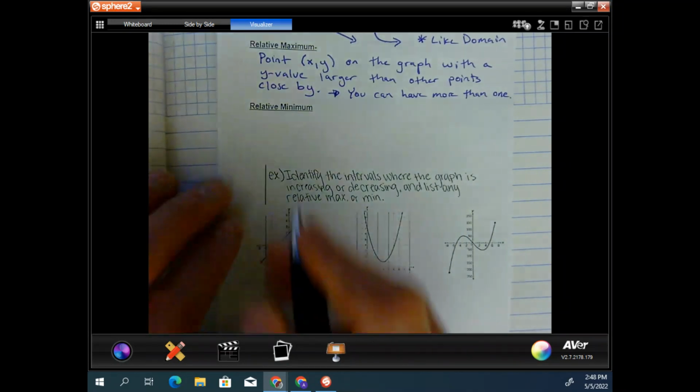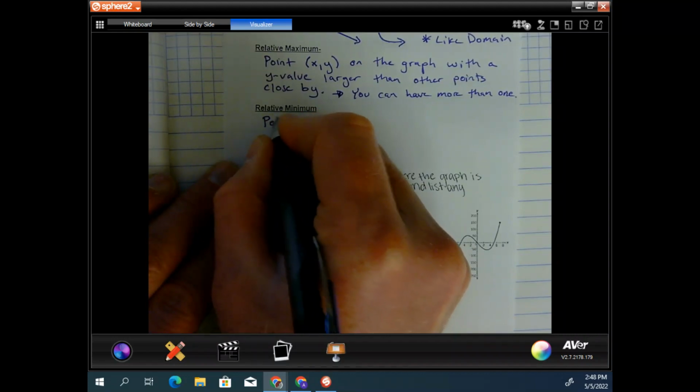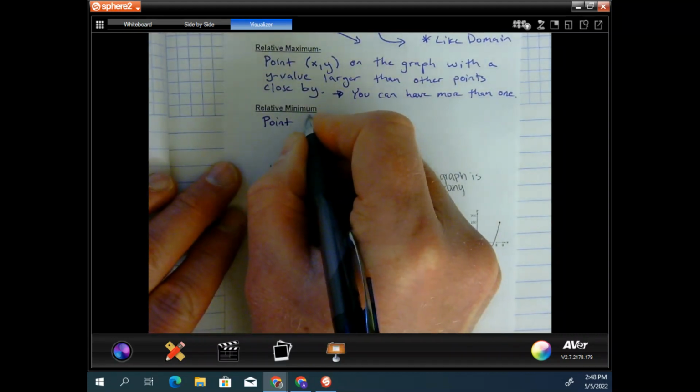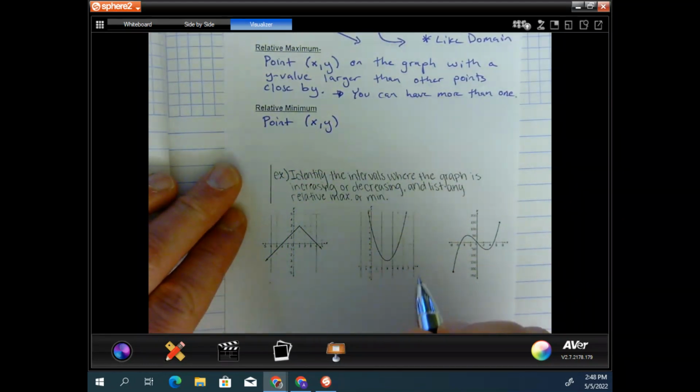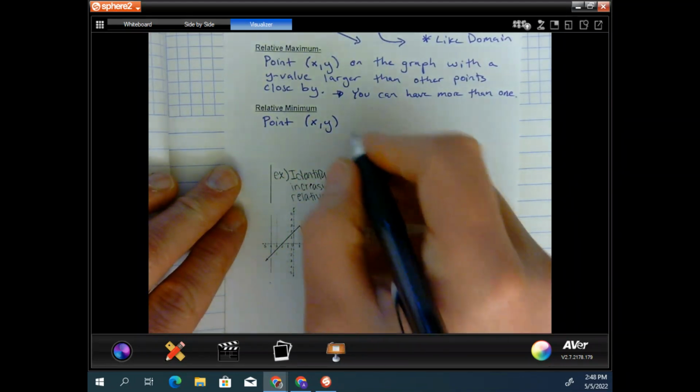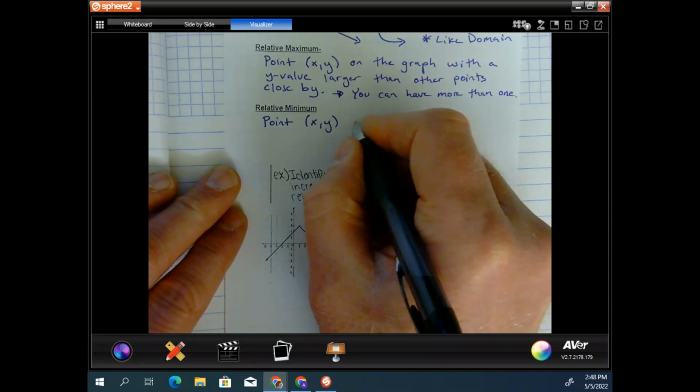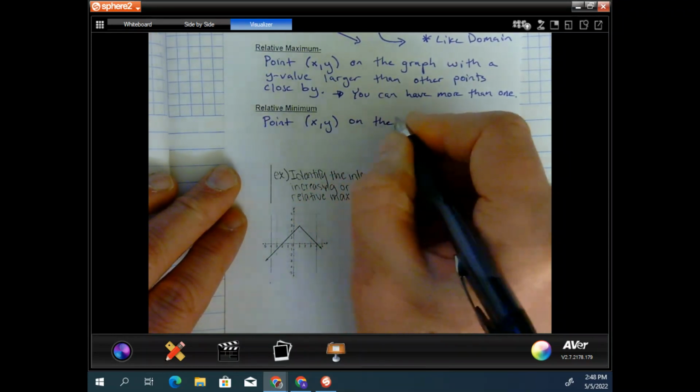The relative minimum is the point, and you write the answer the same, ordered pair, x, y, on the graph.